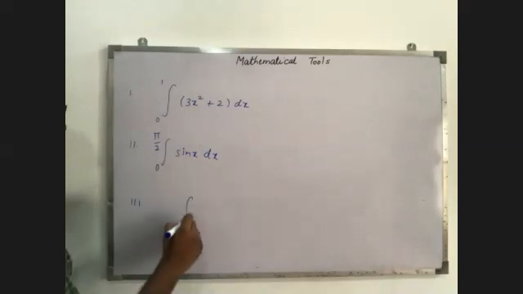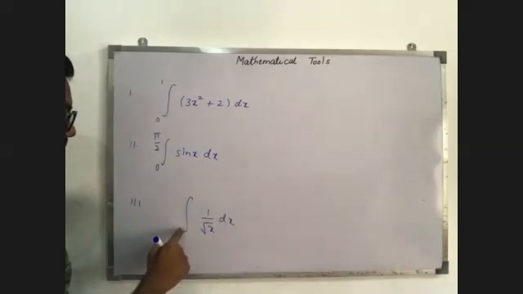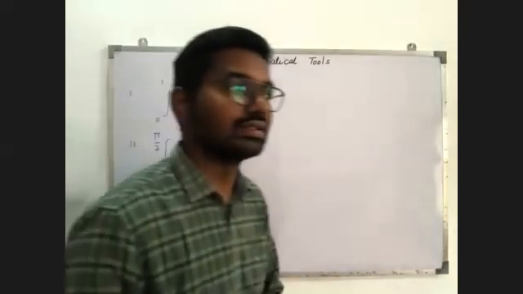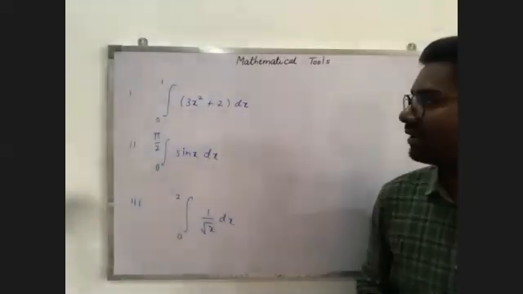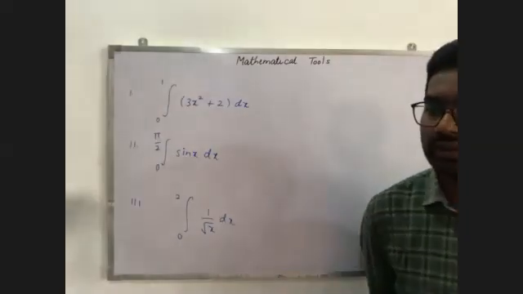Third one, 1 by root x dx from 0 to 2. Everyone try to calculate these 3 examples. Try to find out the value of these definite integrals. So calculate and let me know, everyone.